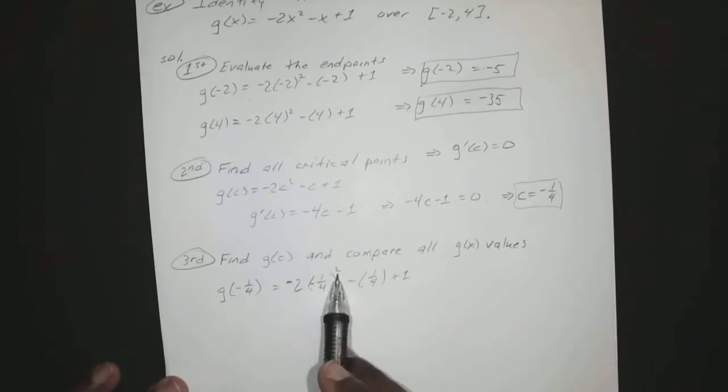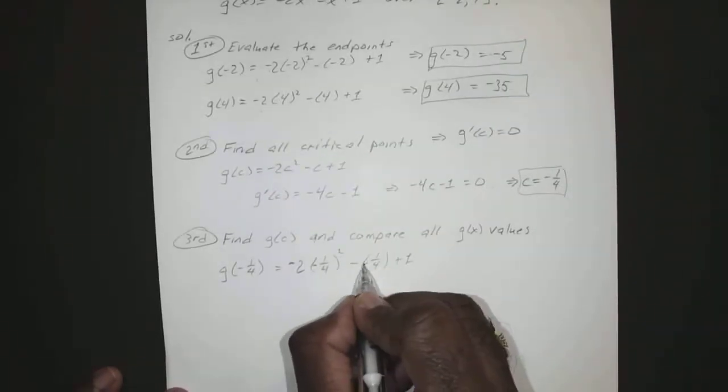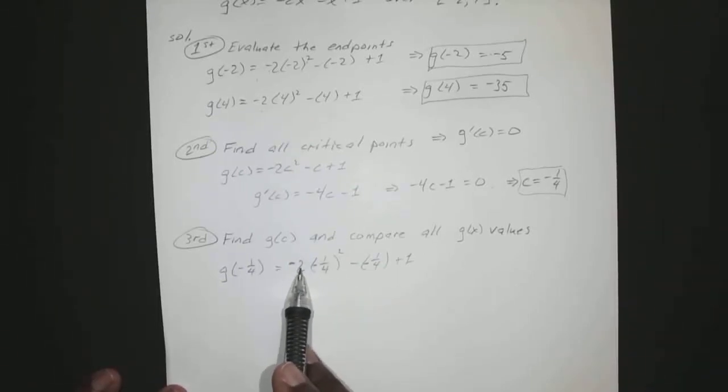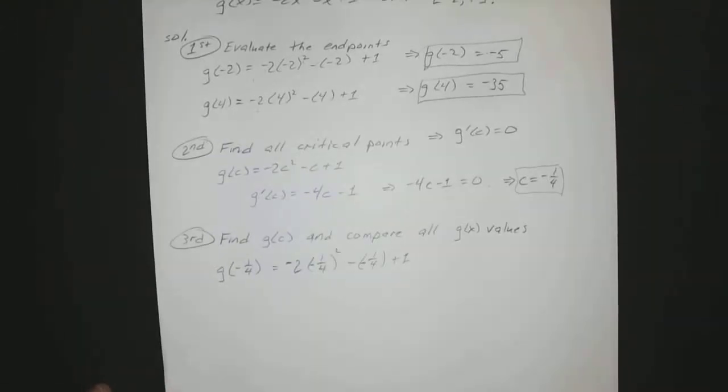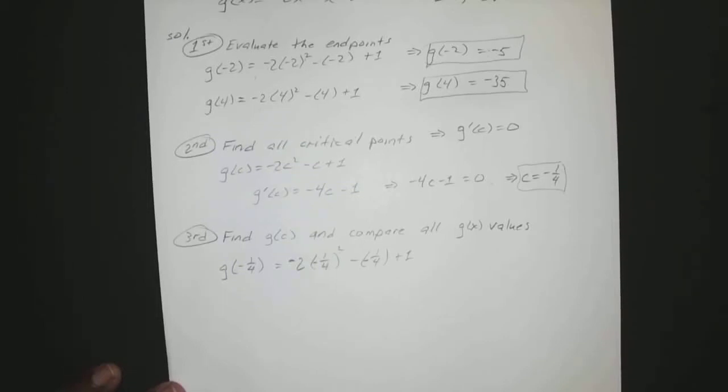Negative 1/4 squared would be positive 1/16, but then that negative 2 would make it negative 2/16, which is negative 1/8.